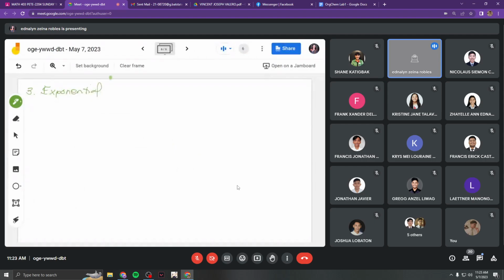In exponential, the graph shows this one. This is our f of x point, for example, and this is our x-axis, which is the values of our random variable. And in exponential, it is a declining curve, meaning to say, it declines all throughout on the values of our random variable.